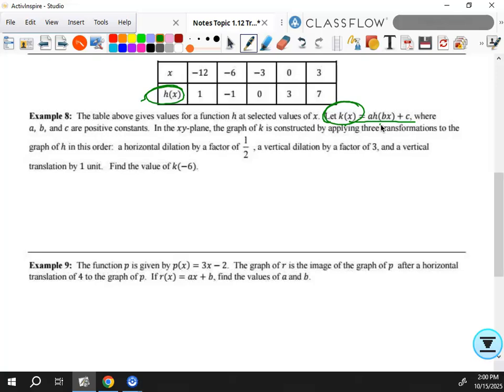The graph of k is constructed by applying 3 transformations. So again, we have a horizontal dilation, a vertical dilation, and a vertical translation. So I'm going to mark them for myself. The horizontal is x, vertical is y, vertical is y, so that I can do k of x. And go ahead and see if you can write your equation.